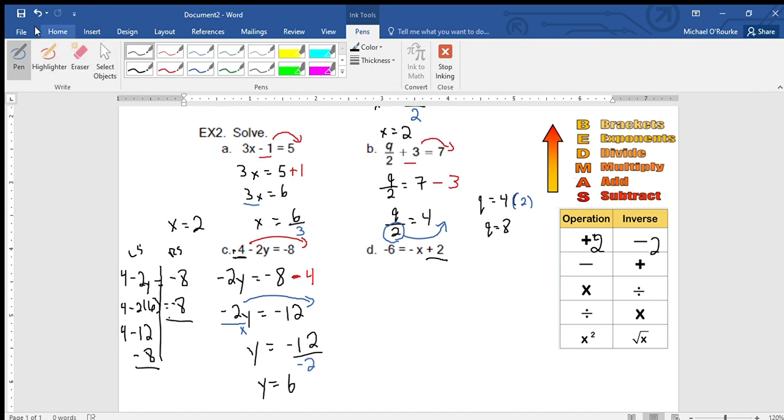Oh, I should have done that in red, because we're moving this over to the side. So that's going to leave us with negative 6 minus 2 equals negative y, which is going to leave us with negative 8 equals negative y.